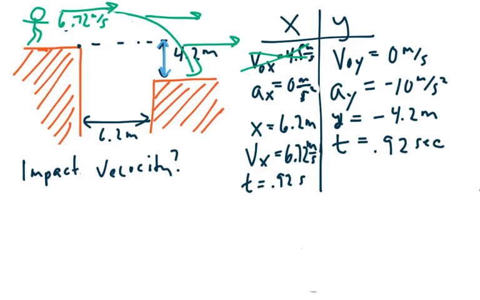But his vertical velocity, let's draw that in yellow, increases with time. The initial y velocity is 0 to start. This initial velocity of 6.72 is in fact just his x velocity.